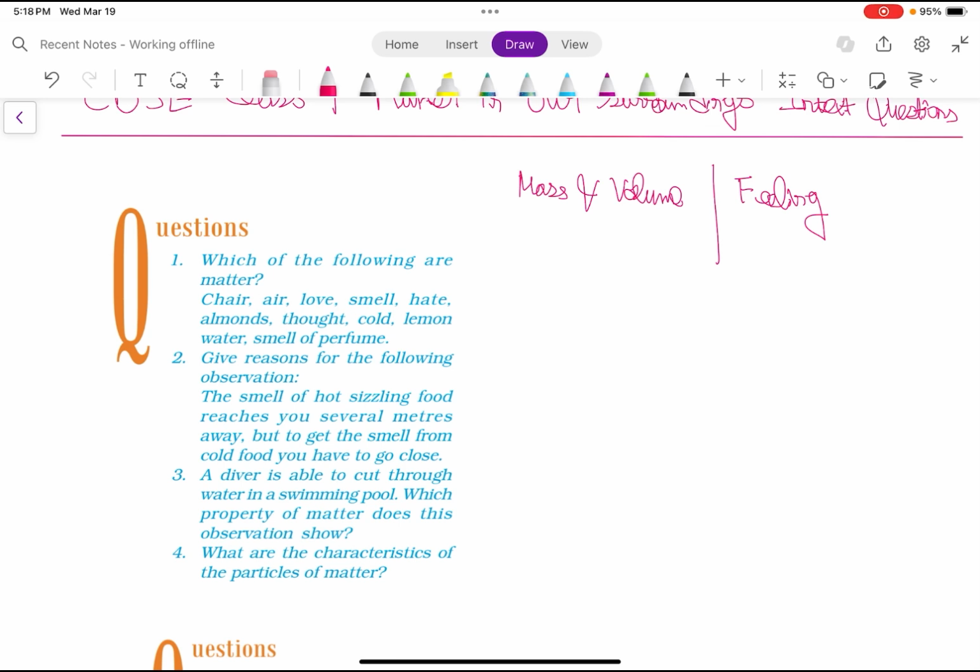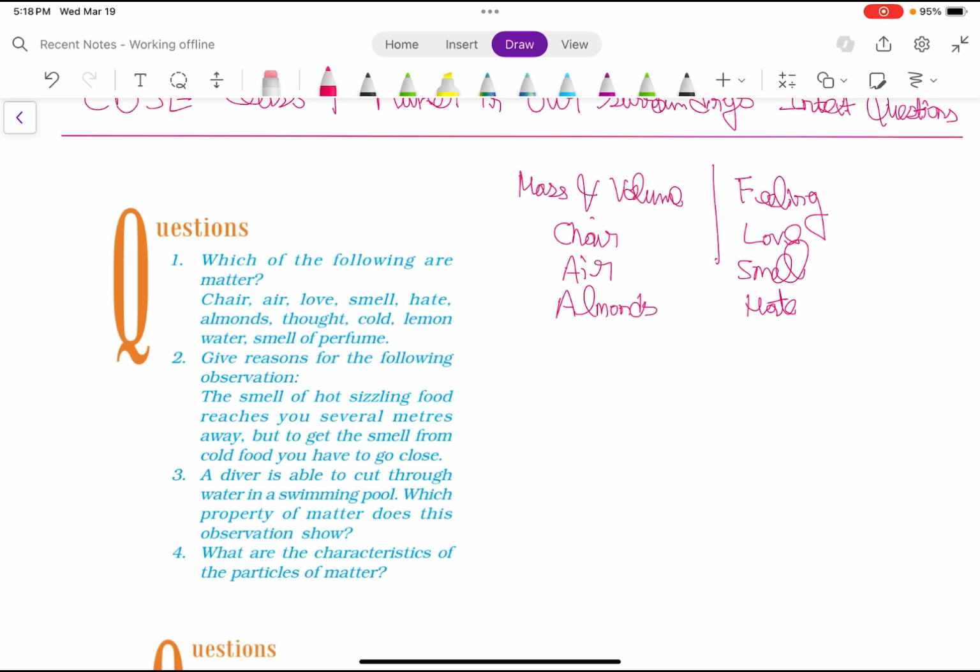chair is a matter, air is also matter, love is a feeling, smell is a feeling, hate is a feeling, almonds occupy mass and have volume, so they are classified in the matter classification.